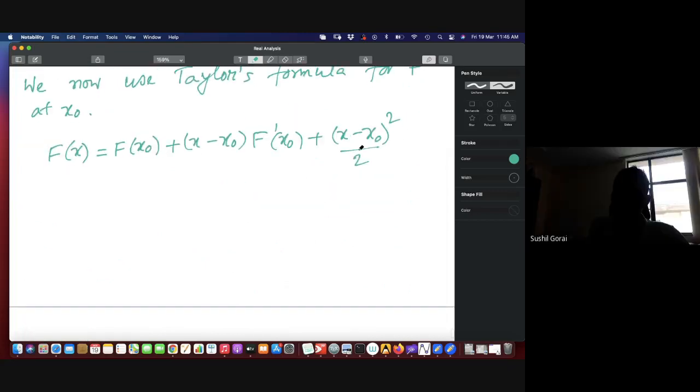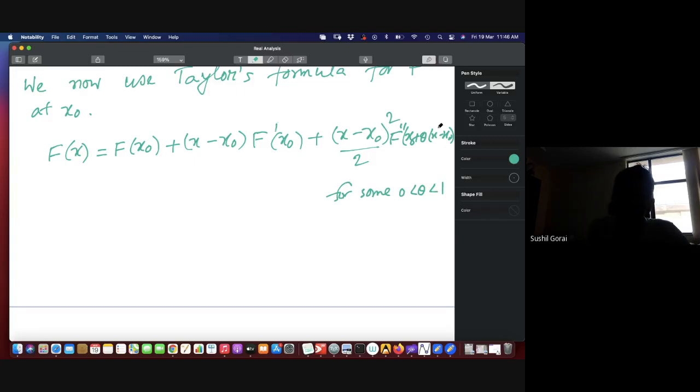So capital F of x will be this one, then F double prime at x naught plus theta times x minus x naught, for some theta between 0 and 1. All right?